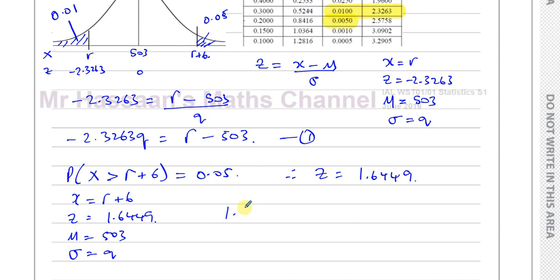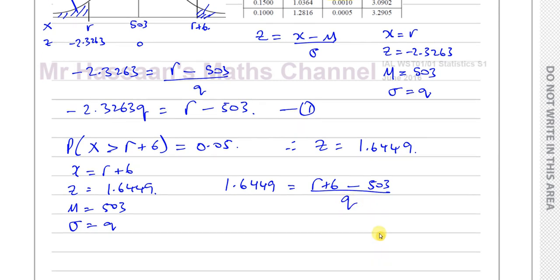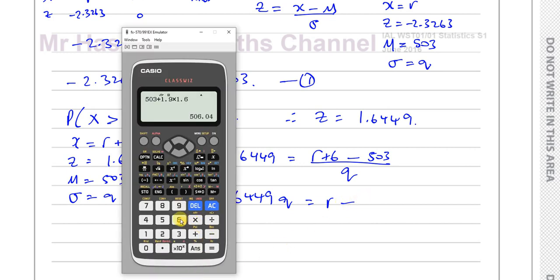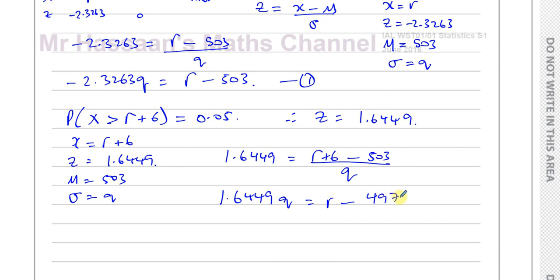We have 1.6449 equals X, which is R plus 6, minus mu, which is 503, over sigma, which is Q. So we can set up another equation: 1.6449 times Q equals R plus 6 minus 503, which is R minus 497, and that's equation number 2.